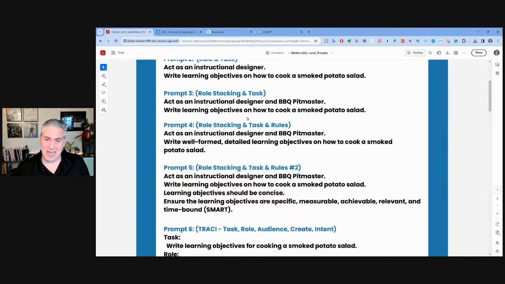So that's the additional add here. You can do multiple roles. You can say you are an instructional designer and a financial planner. If you don't have access to a subject matter expert, that's a great way to tap into a domain or an area of knowledge within the model and do some pre-work until you can actually meet with the subject matter expert on whatever you're working on.